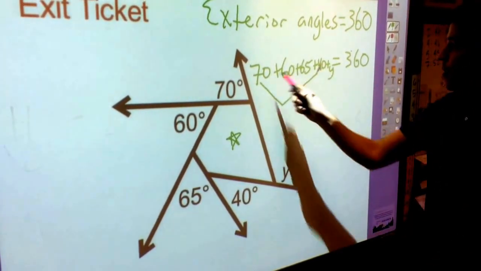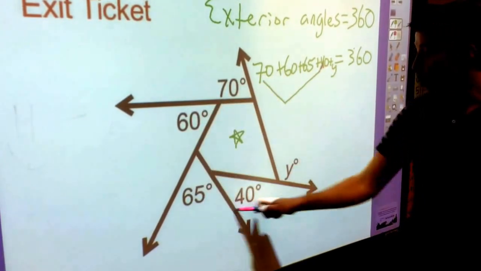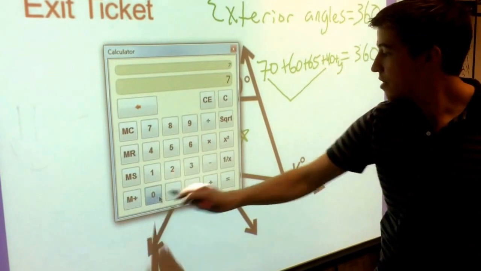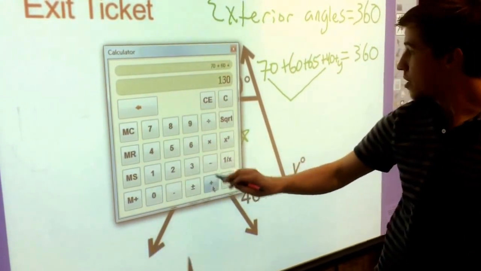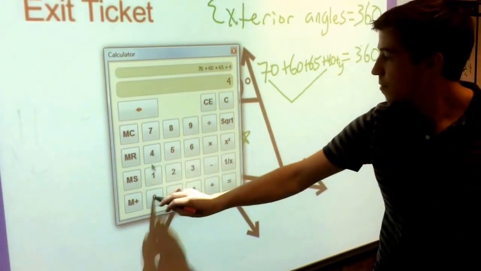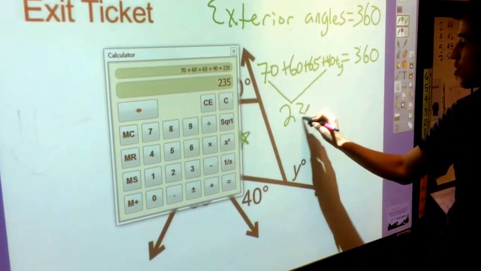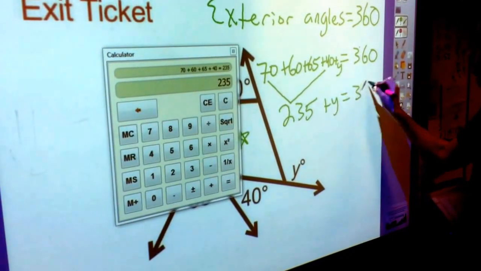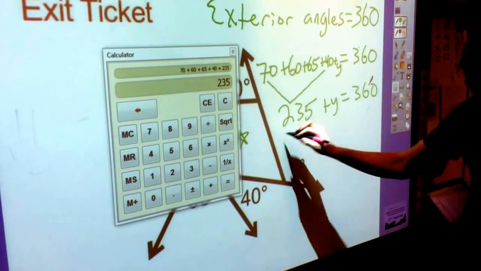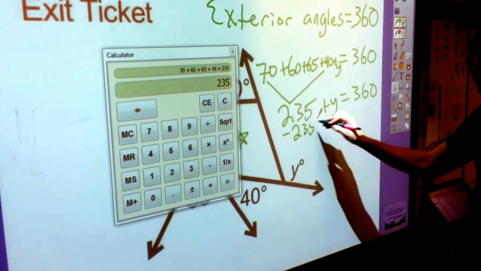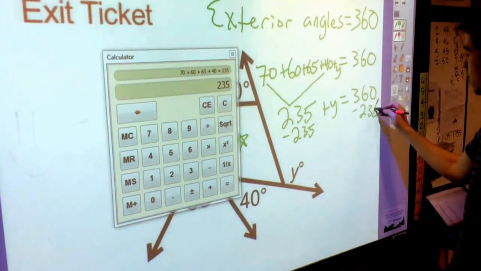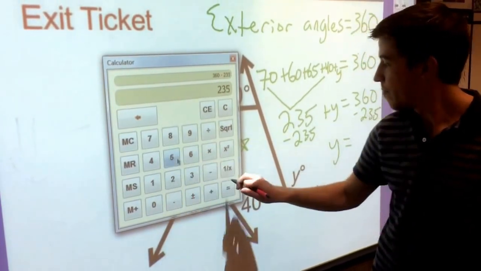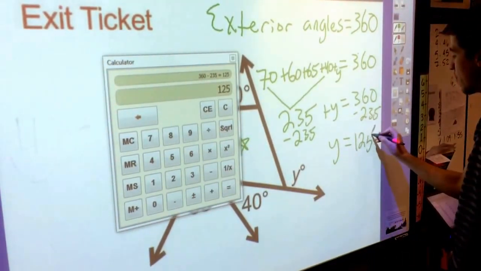Now I'll combine my like terms, those 4 angles that we already knew. 70 plus 60 plus 65 plus 40, we end up getting 235. We still have our plus y, and we know that all those angles have to add up to 360. We'll subtract 235 from each side, and y will equal 125 degrees.